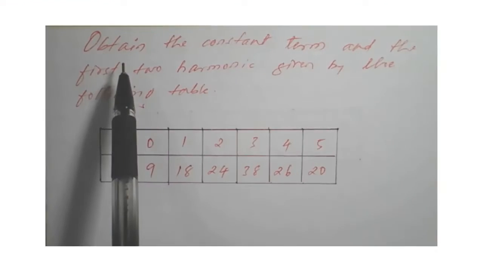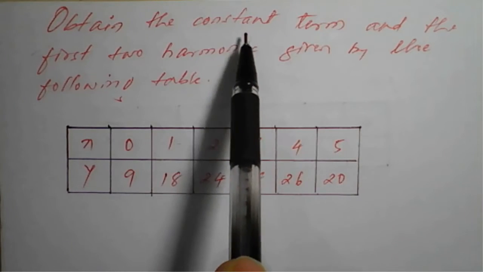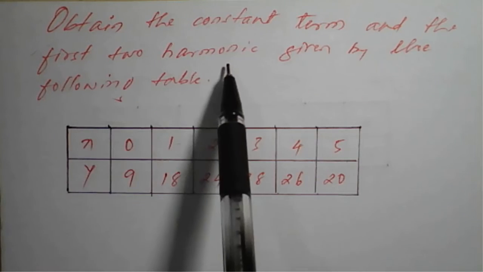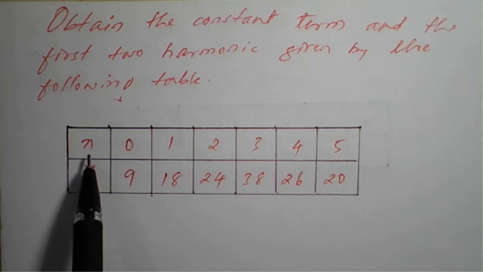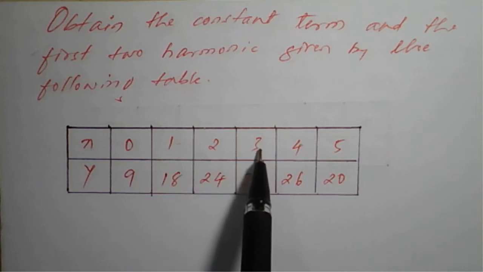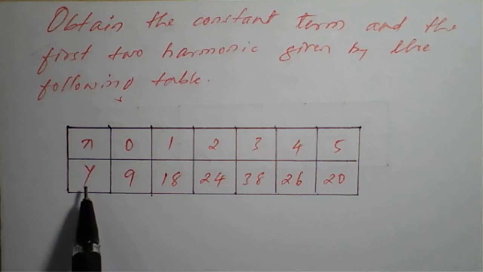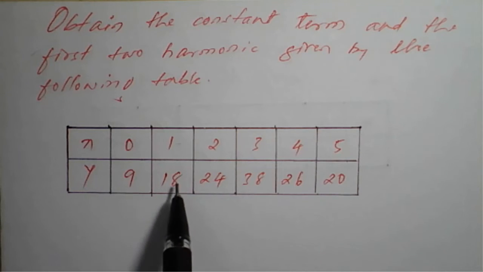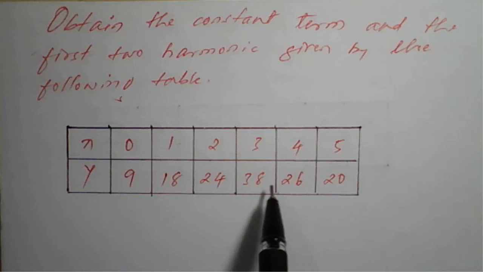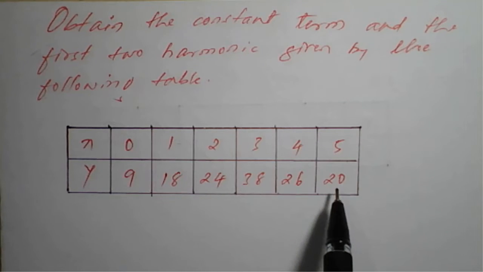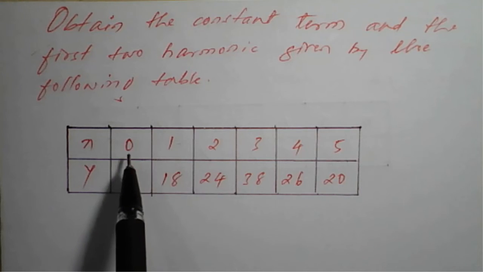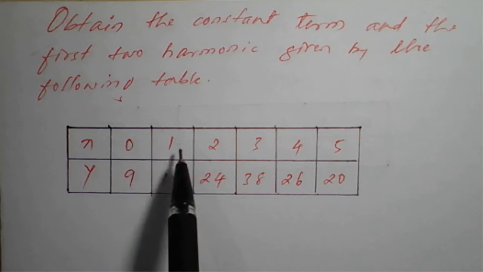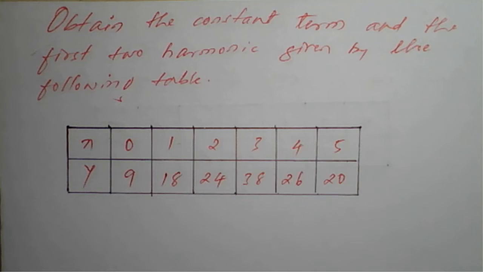The problem is: obtain the constant term and the first two harmonics given by the following table. The x values are 0, 1, 2, 3, 4, 5 and the y values are 9, 18, 24, 38, 26 and 20. You can observe that the values of x are very simple values, in general less than 10.